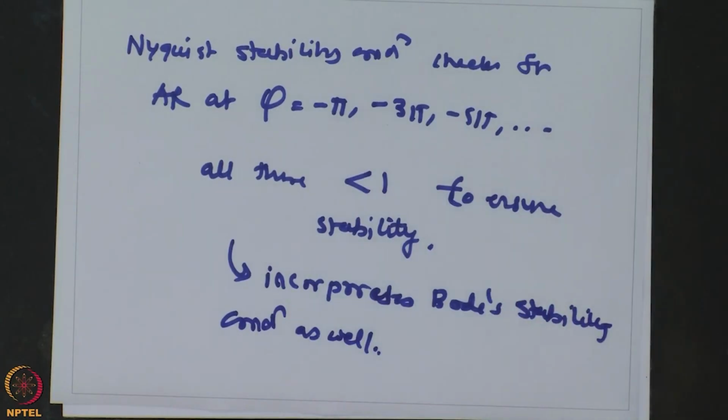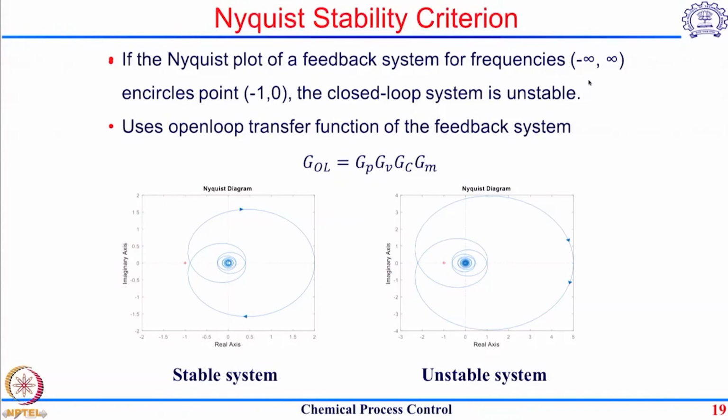So it says that if you generate a Nyquist plot of a feedback system, and here you are actually computing the Nyquist response for negative frequencies as well. That is not real, this imaginary part which is minus infinity to 0 frequency.